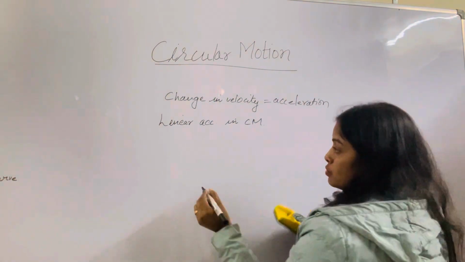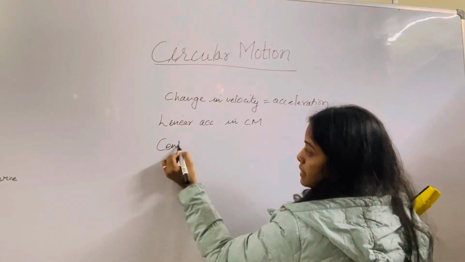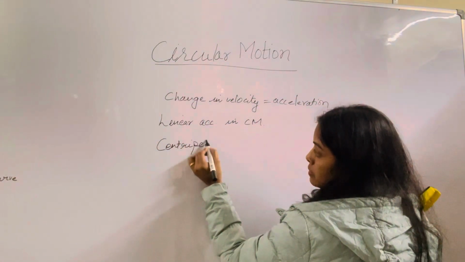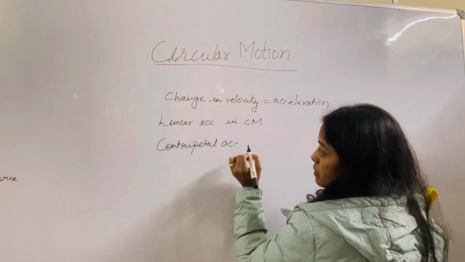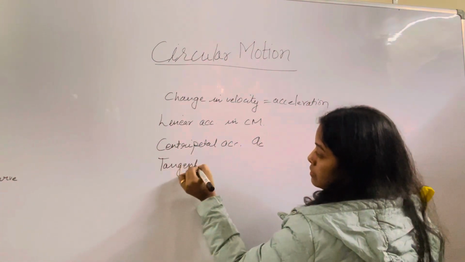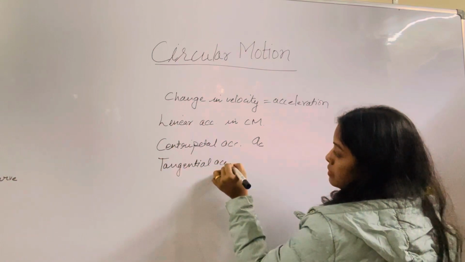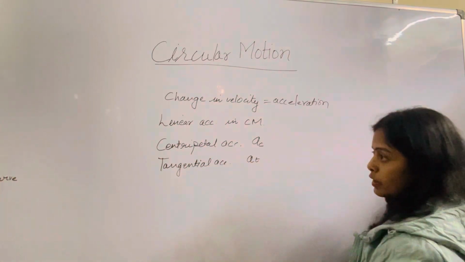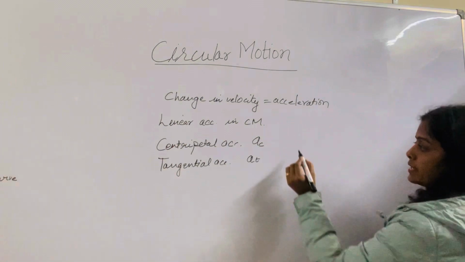What are these two? The first one is centripetal acceleration, which is denoted by AC. Next is tangential acceleration, denoted by AT.